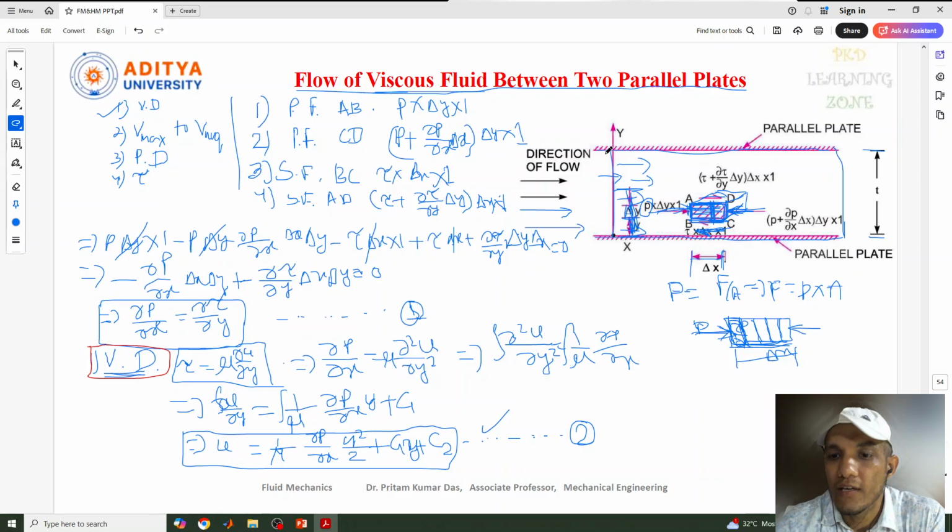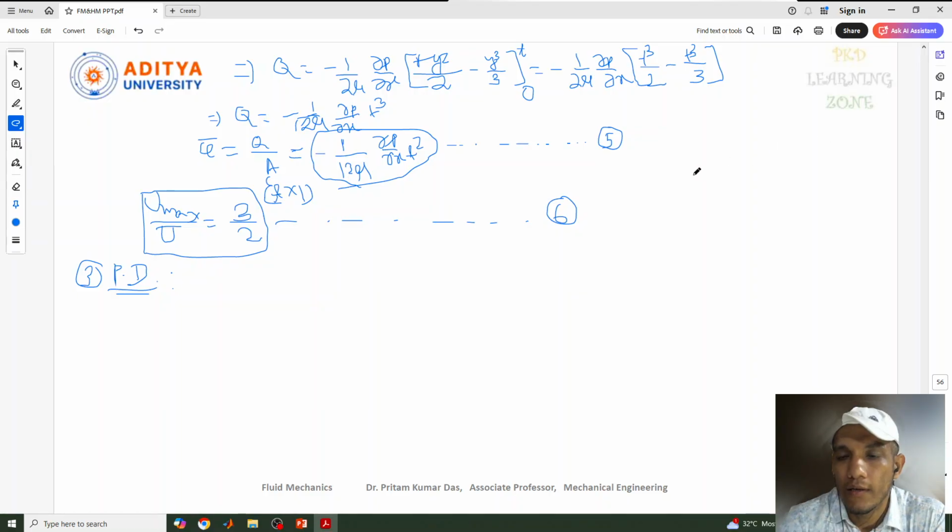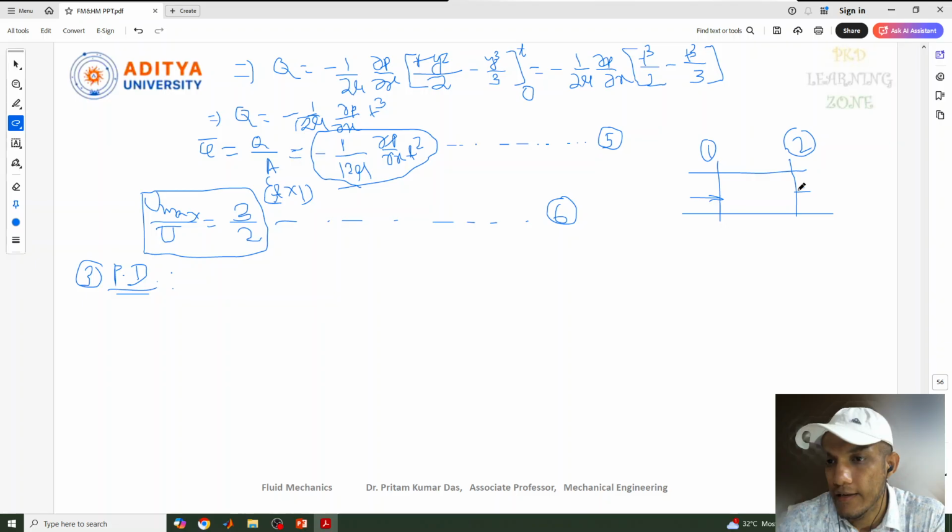Okay, for the pressure drop, as I told, let's draw like this. So this is section 1 and this is section 2. Okay, and the pressure acting at this point we can consider P1, and similarly at the second section there will be a pressure at this other end, like here.